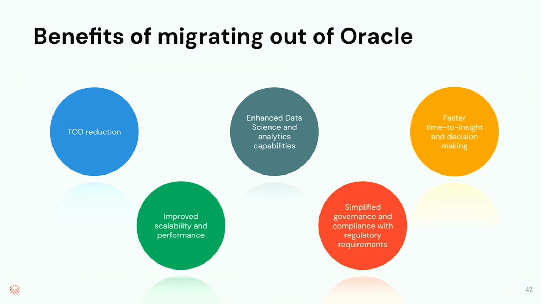You will improve scalability and performance because you will be able to scale up to levels of hundreds of thousands of nodes, which is not possible, for example, with Exadata. And you will be able to scale up and scale down the performance and pay for the level of scalability that you have chosen. You will also be able to enhance data science and modern analytics capabilities.